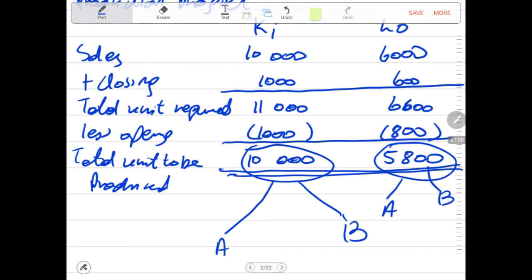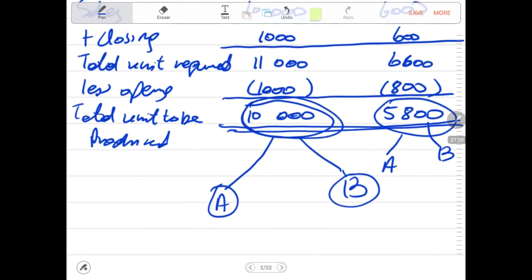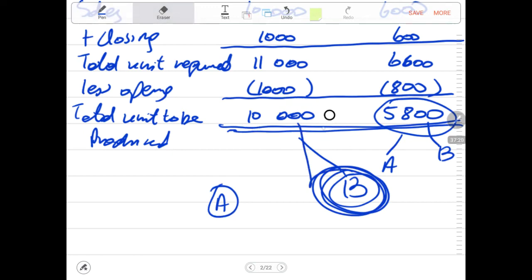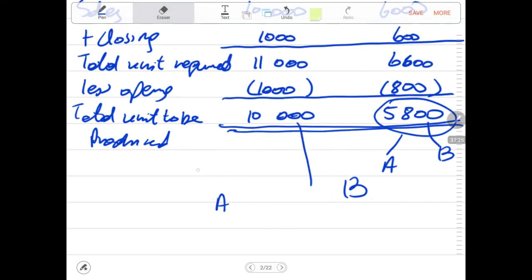We need to know how much of material A and material B is needed to produce the 10,000 units. Then we need to know the required kgs to complete one unit. The minute we know that, then we have mastered everything.